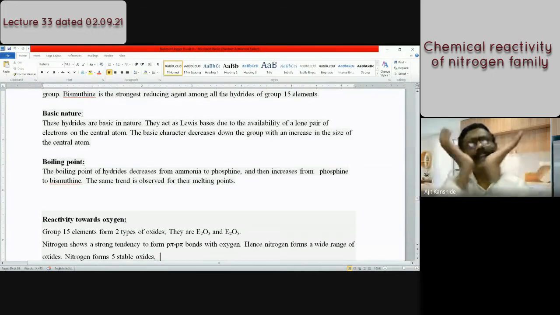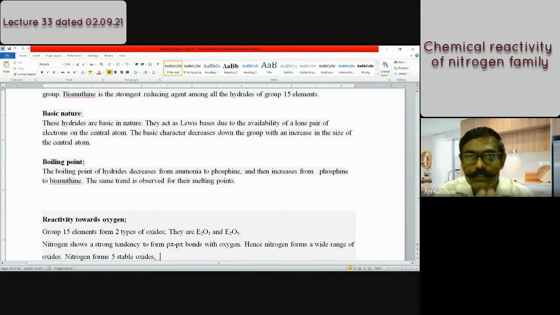For bismuth the lone pair is not a load, but for nitrogen the lone pair is a load. That is a negative charge, and the nitrogen-hydrogen bonds also have electrons, no? The repulsion is there. Because of that, nitrogen tends to give the lone pair more readily than bismuth.